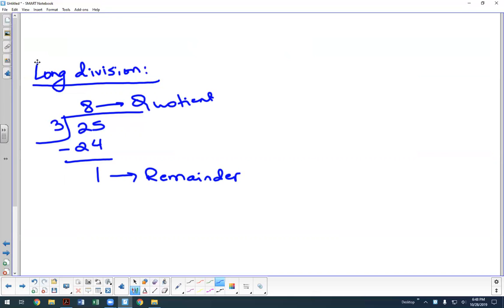What is this term called? It's the divisor? No, this is the divisor. Okay, so that one must be the dividend. That is the dividend, the number or the term that is being divided.